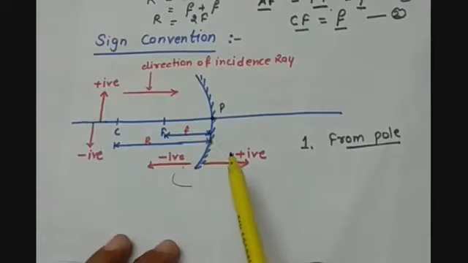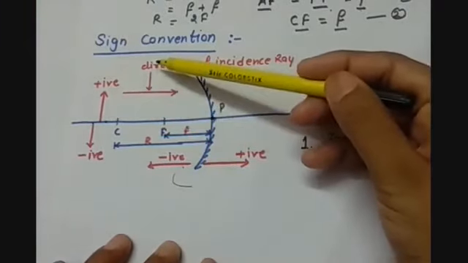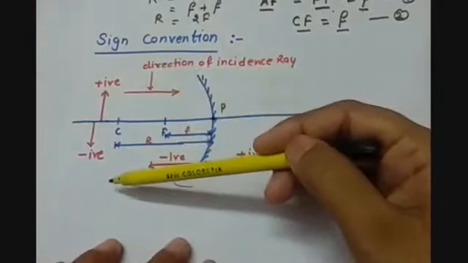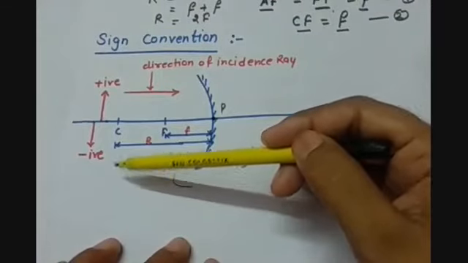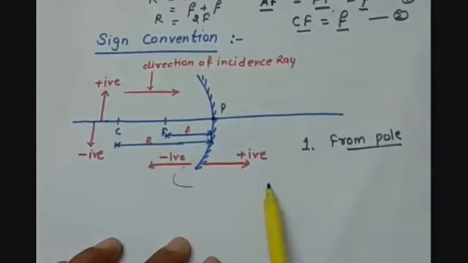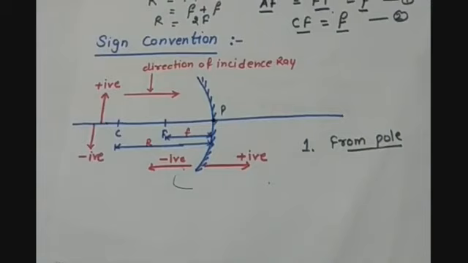So for a concave mirror, here we will have the positive values. Below this principal axis we will have the negative values. Behind the mirror, positive distances will be there. In front of the mirror, negative distances will be there.